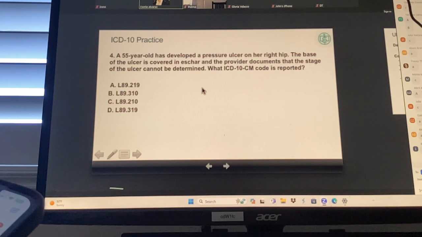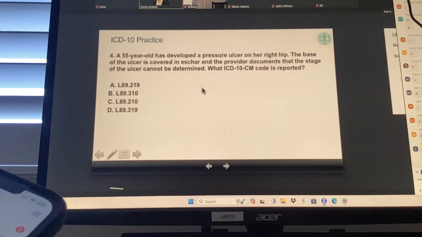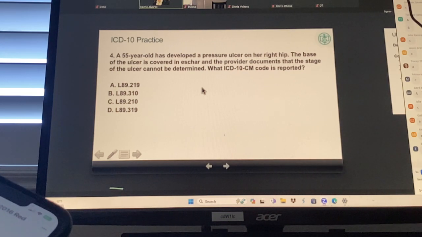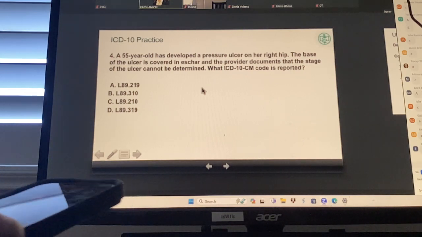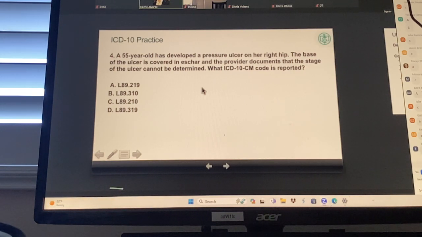In this case, the physician has documented that he can't determine the stage of the ulcer because of the scar tissue that is developing, the eschar. So that would be considered unstageable, not unspecified.